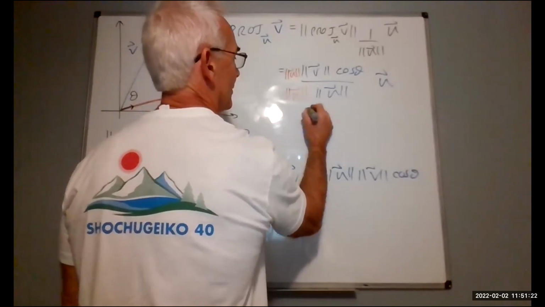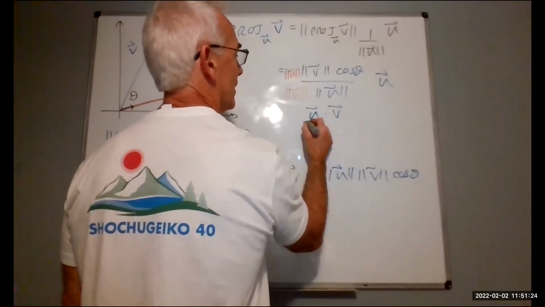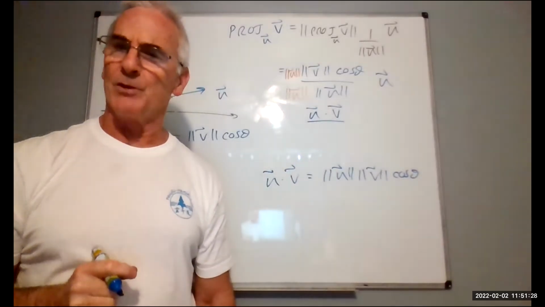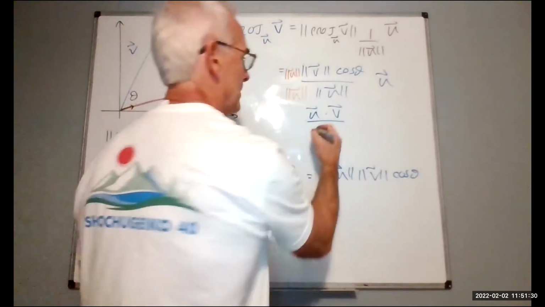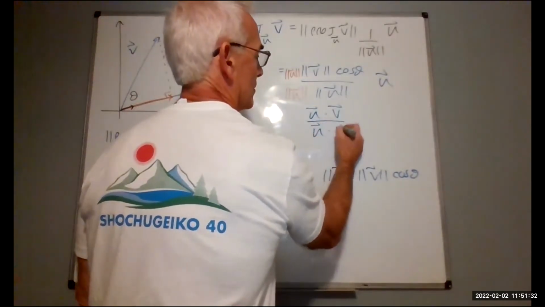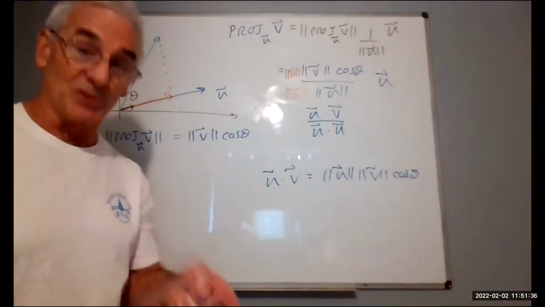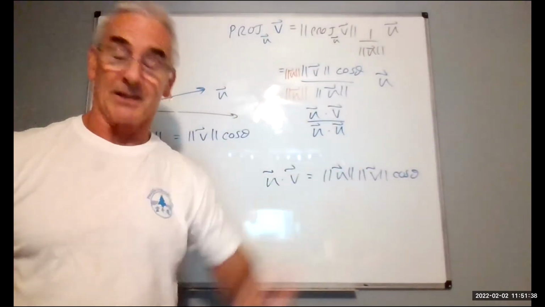That's totally legal. In fact, my numerator is now U dot V. What's my denominator? It's the magnitude of U squared, which is exactly the same as U dot U. Remember, magnitude squared is the exact same as dot producting a vector with itself.